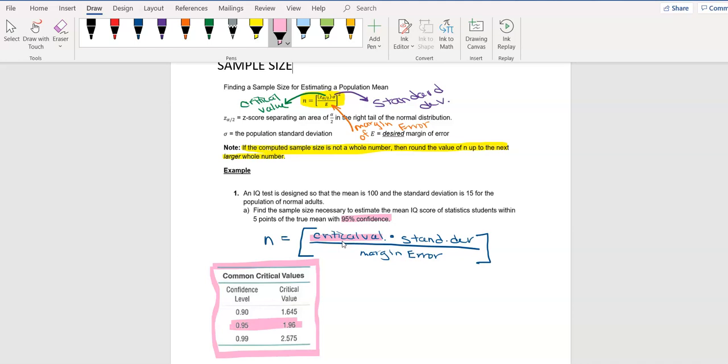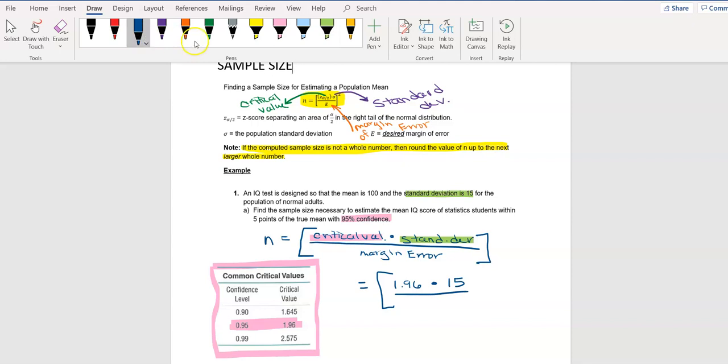So the critical value I'm going to use in this one is 1.96. So I'm going to go ahead and write that in there, 1.96. And that's going to times with my standard deviation. My standard deviation, they told us, is 15. So I'm going to use 15 for my standard deviation.